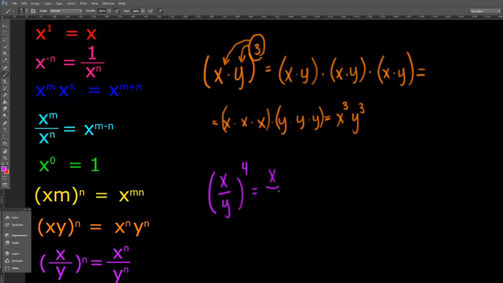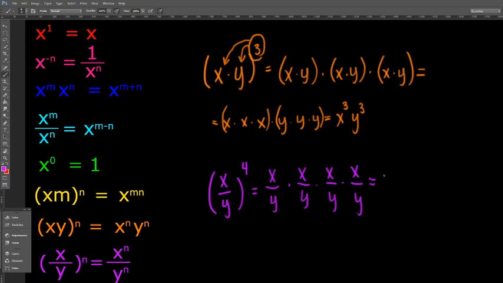So that'd be x over y times x over y times x over y times x over y. So that's the fourth power. It's multiplied by itself 4 times, right? What's inside the parentheses 4 times. Okay? And when we multiply fractions, ratios, we just multiply what's on top and multiply what's on the bottom.